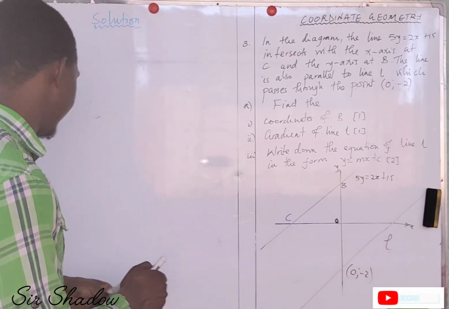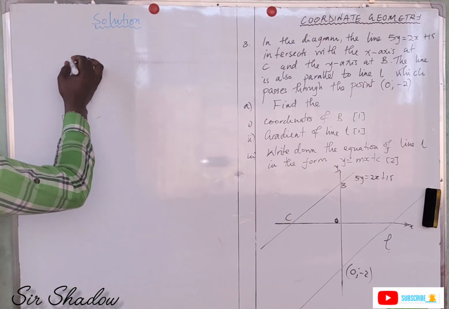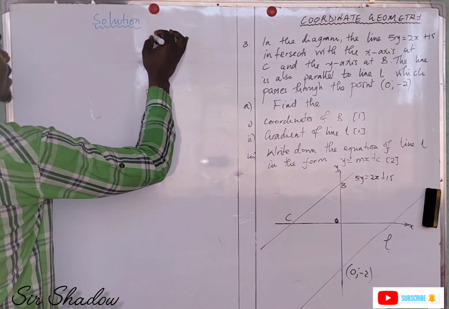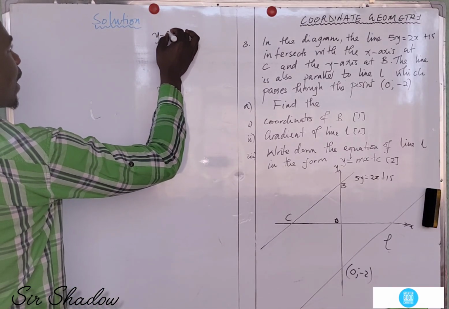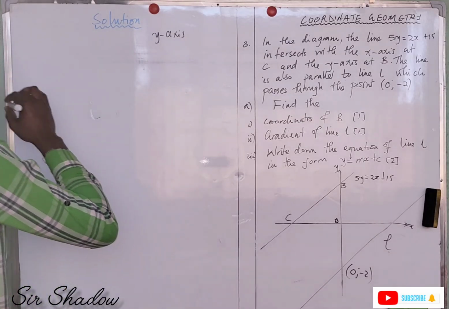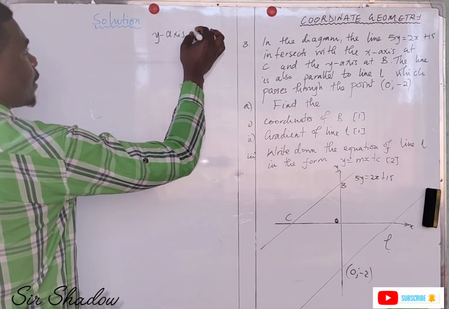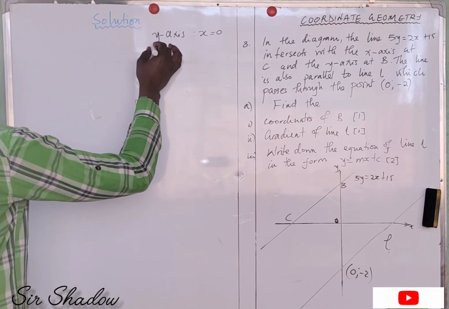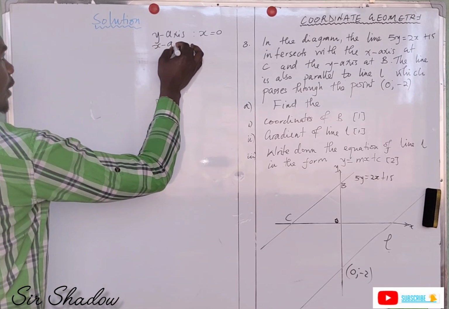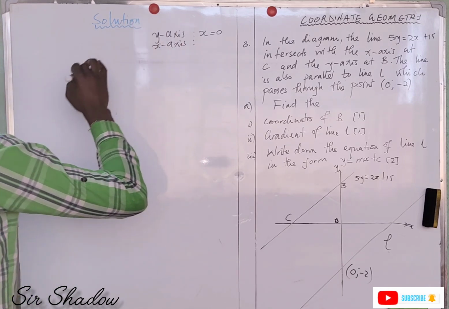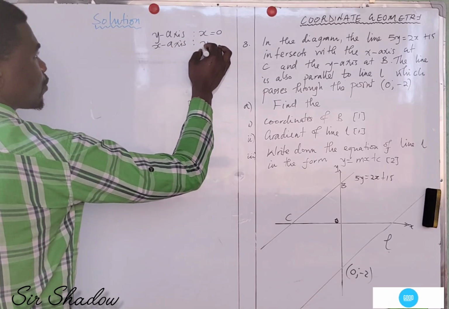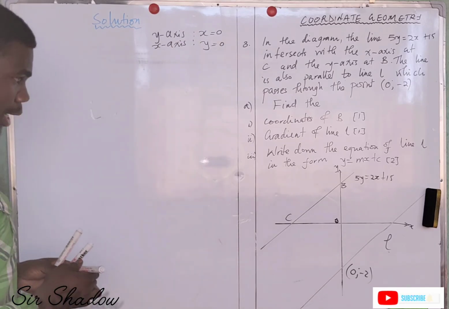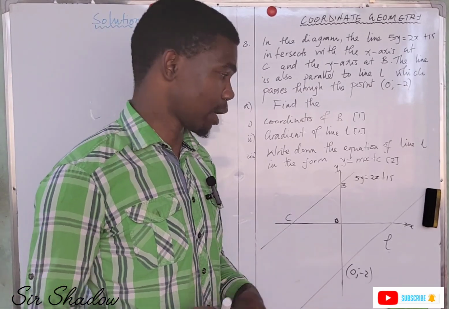What you have to know is whenever a straight line cuts the y-axis, x equals 0. Whenever a straight line cuts the x-axis, y equals 0. This is what you have to know before attempting this question.